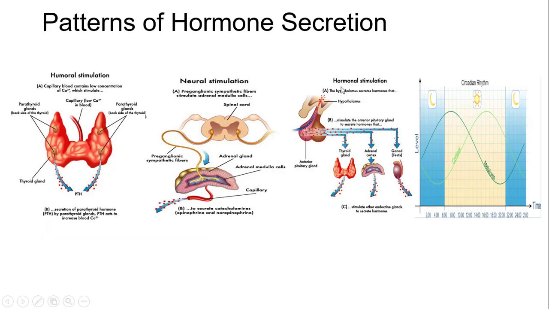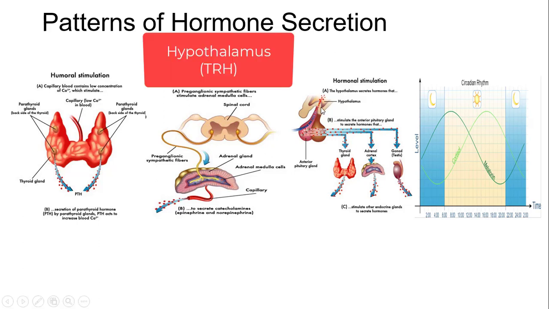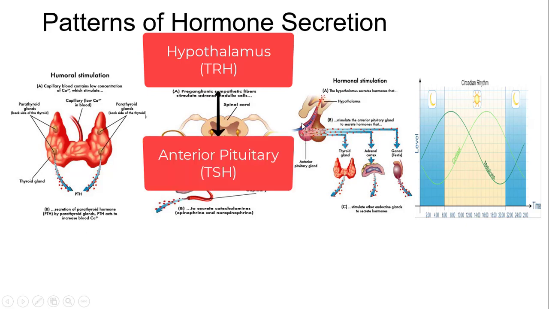The third mechanism of hormone secretion is hormonal stimulation. A hormone will stimulate another gland to release a hormone. In this diagram, we have three examples of hormonal stimulation. For example, the target tissue of thyrotropin releasing hormone, or TRH, is within another endocrine gland, that is the anterior pituitary gland.